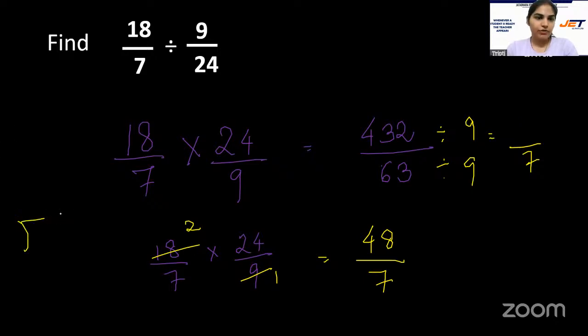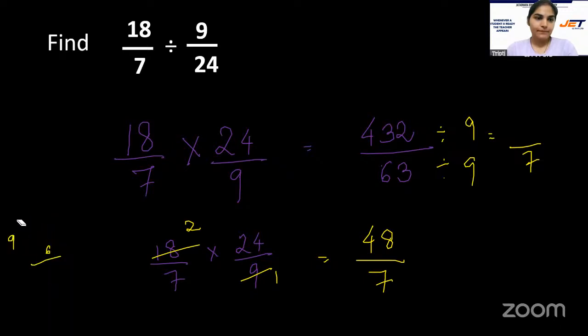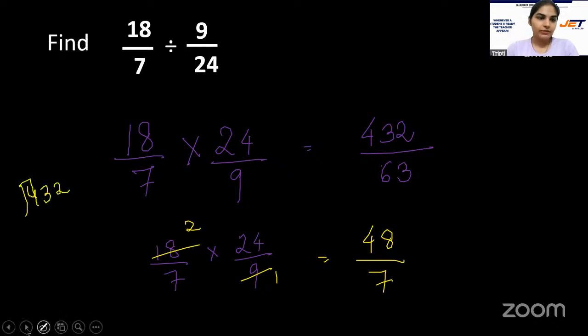So 432 divided by 9. I'm just checking. 9 times 4 is 36. Oh, no, it's not divisible. That means something else is there. So I just want to say that you can even reduce this. Wait.